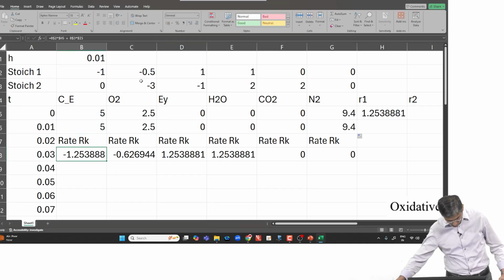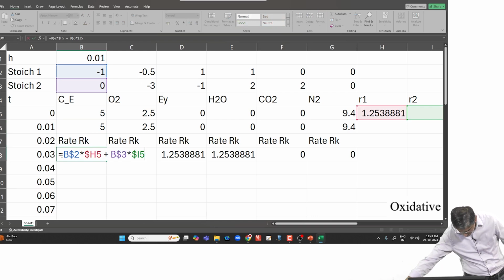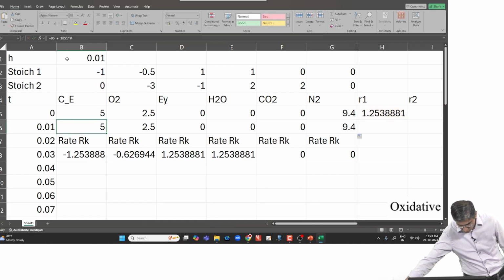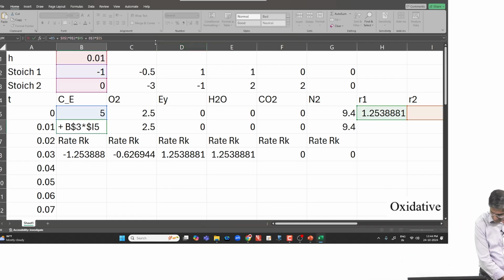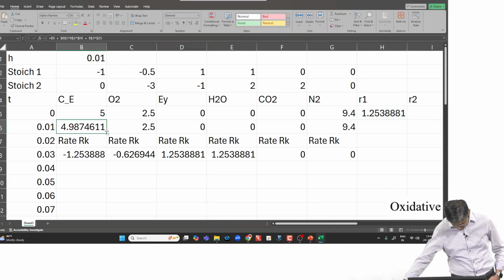So, what will I do? Just take this, Control C, go over here, replace that 0, Control V, and then drag.